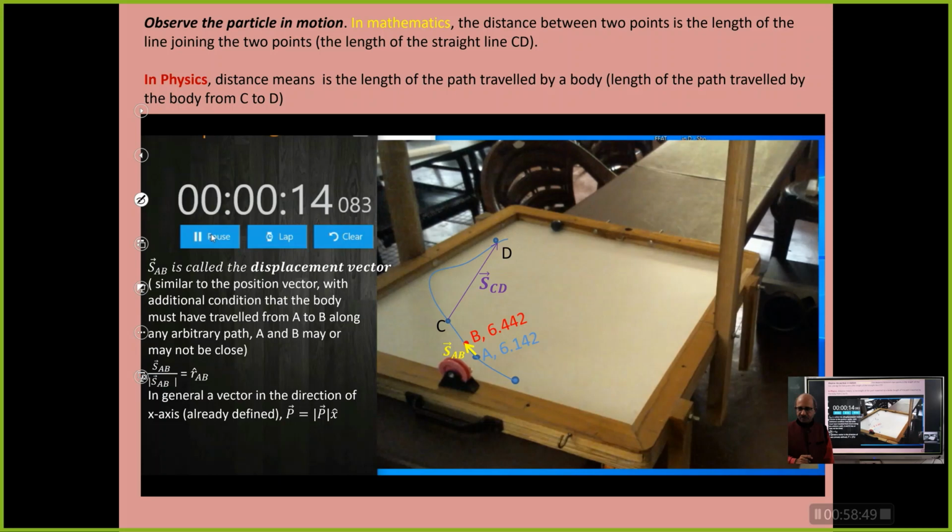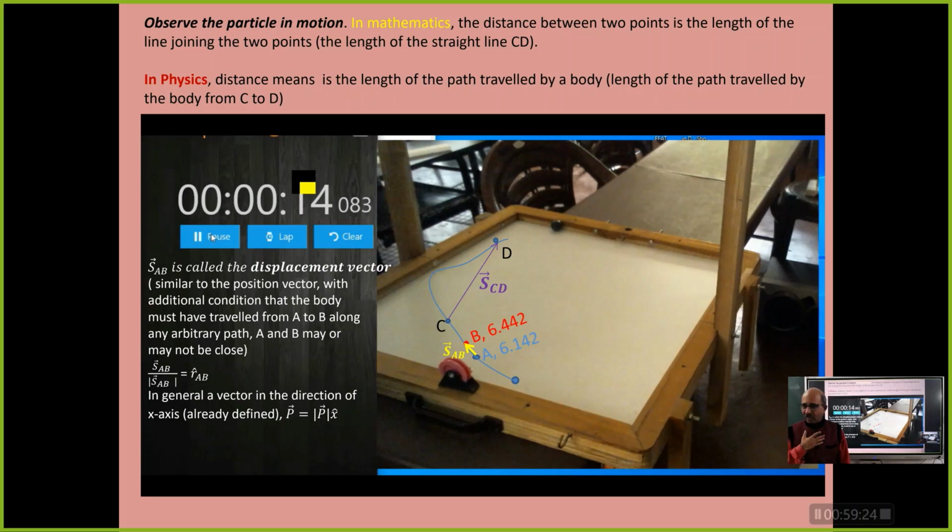You have to draw a straight line from C to D. So here you have to draw a position vector from C to D, and position vector I have already defined. And that position vector in this context becomes the displacement vector.